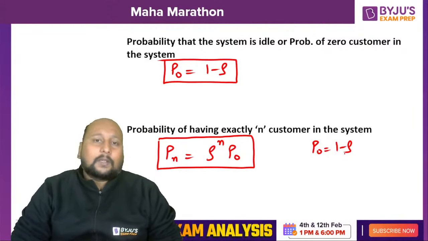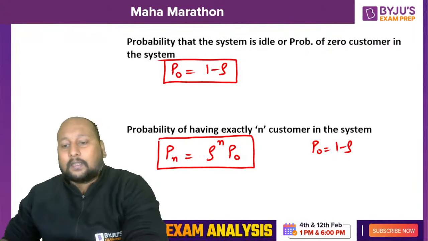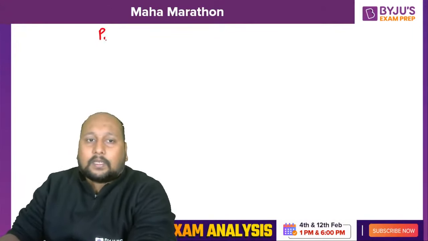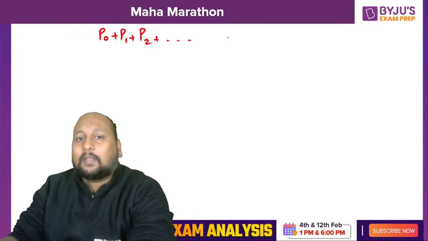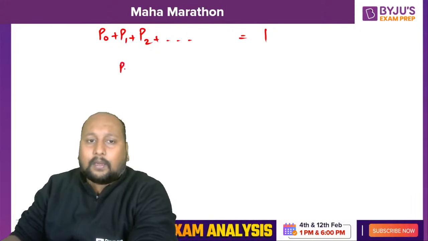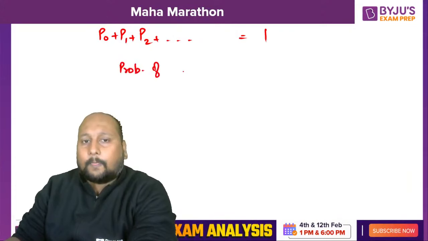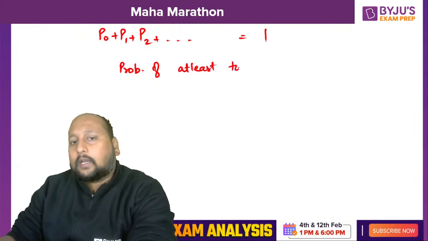But suppose I ask you, what is the probability that at least one customer will be present in the system? We know that P0 plus P1 plus P2 and so on, the summation always equals 1. So if I ask you, what is the probability of at least 2 customers in the system?